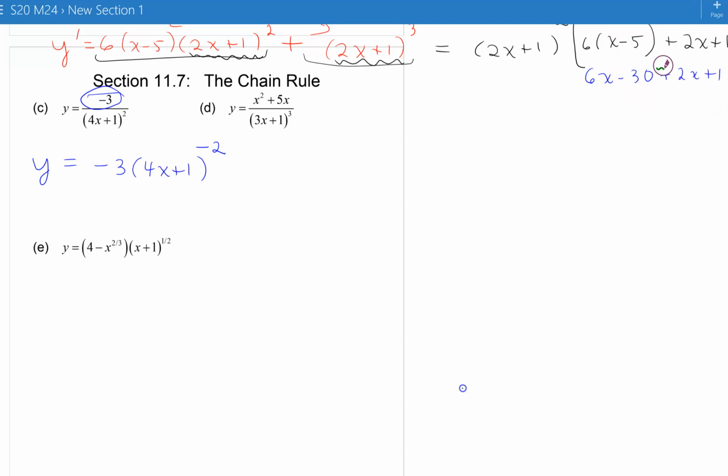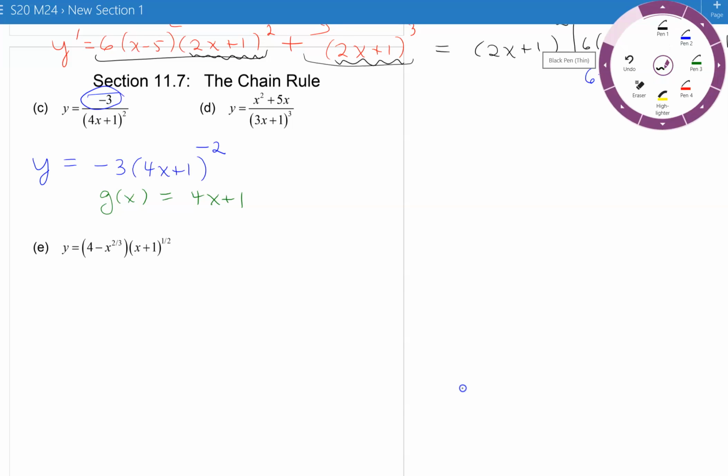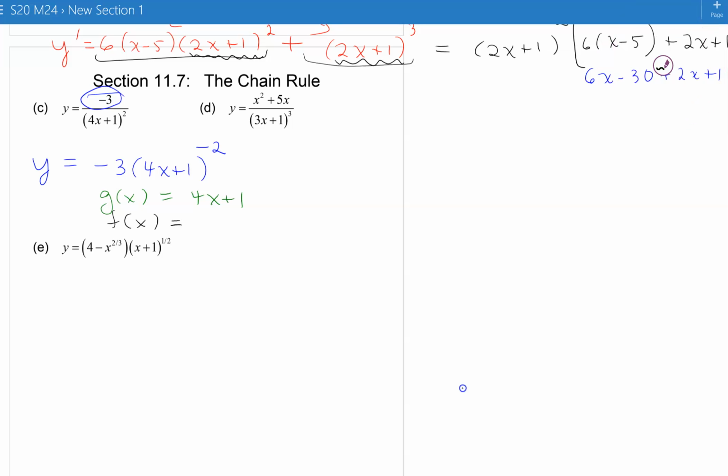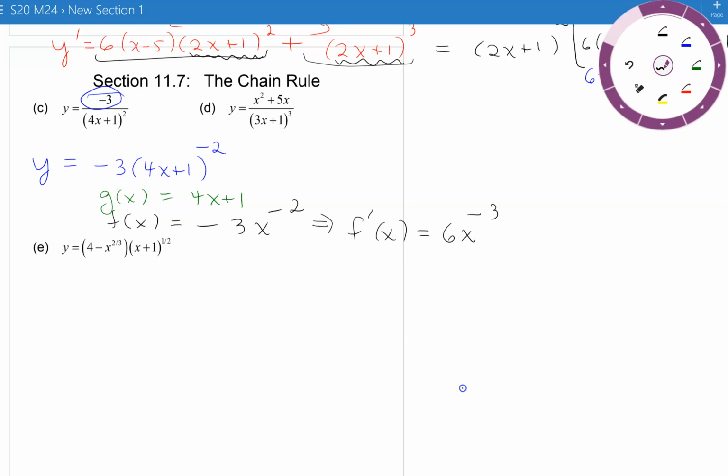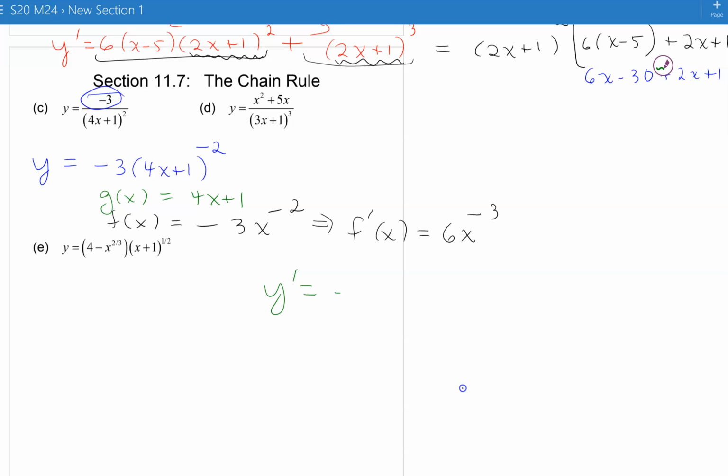So we're going to see this as a chain rule problem, and we're going to see the g of x, the inner function, as the 4x plus 1, and the f of x, the outer function, as -3x to the -2. Then the derivative of that is going to be 6x to the -3. So our y prime is going to be 6.